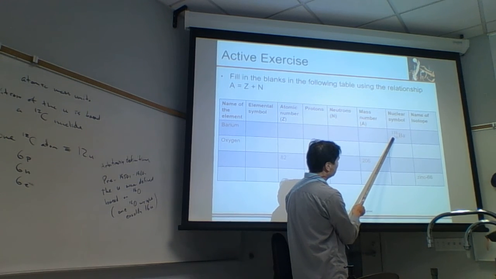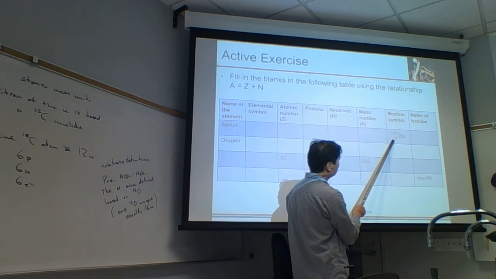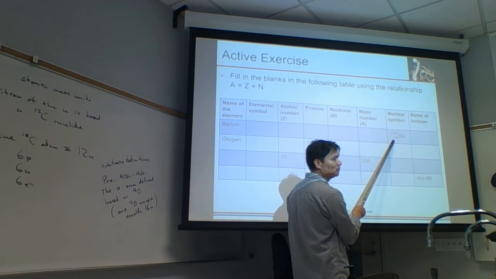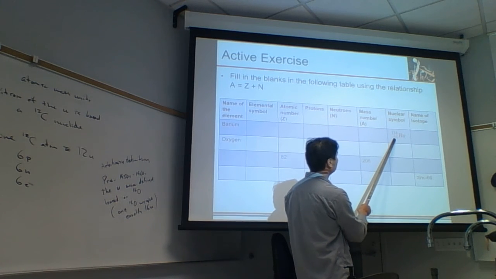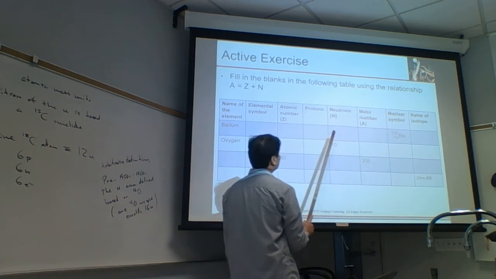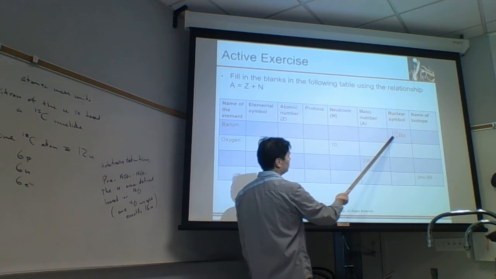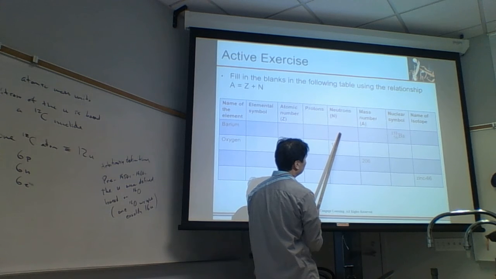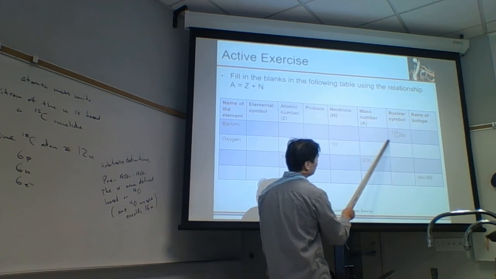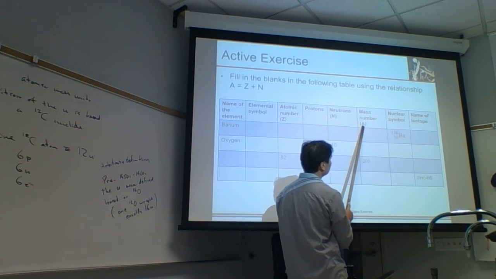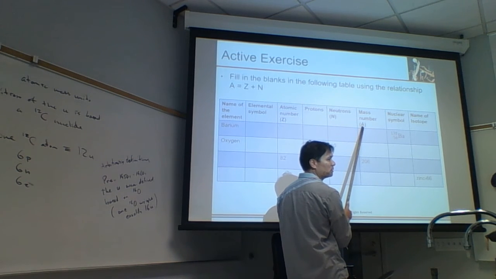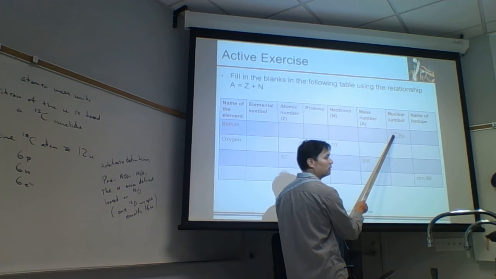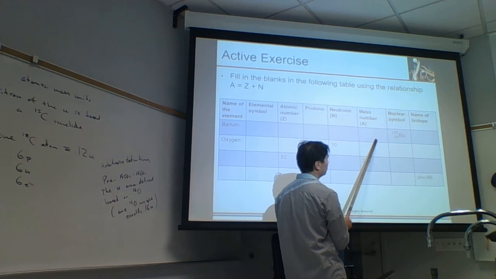And so that would be 82 neutrons. So 56 and 82 have to add up to 138. So the mass number is not a mass. The mass number is the number of protons plus the number of neutrons, which is exactly 138.